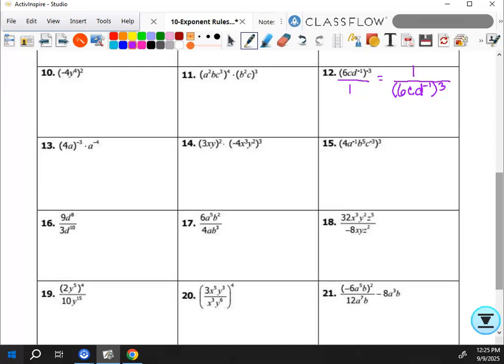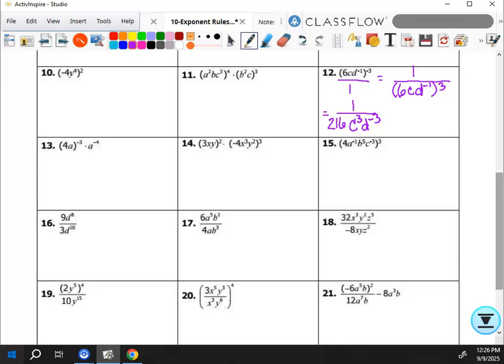You also don't want to try and move too much at once because that's when you start to make up math. Now I'm going to distribute that 3. So this is going to give me 1 here, 6 to the 3rd power. I'm just going to go ahead and tell you that's 216. Then c to the 3rd power, and then d to the negative 3rd power.